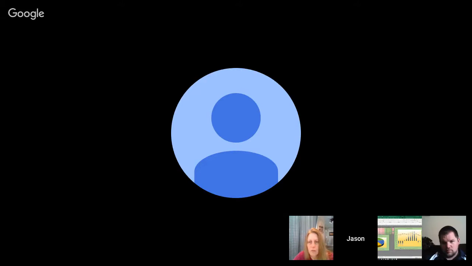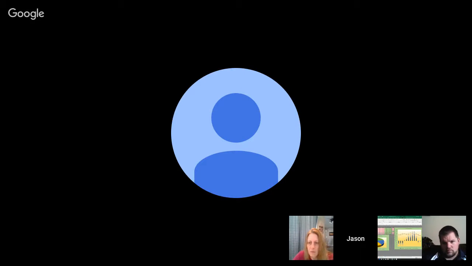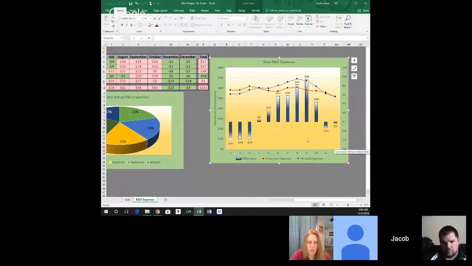I think it looks better the way it was, the first one, that one. Yeah? Is it not hard to understand what it's talking about with the two different axes? For me, I understand it. I don't know. What do you guys think? I had this side labeled, and the label disappeared. I'll have to put it back. I had it labeled: this is the forecast and actual expenses, and this side over here is the differences.